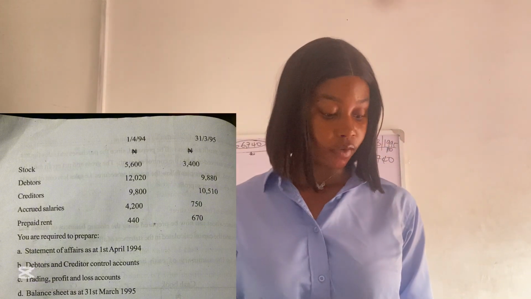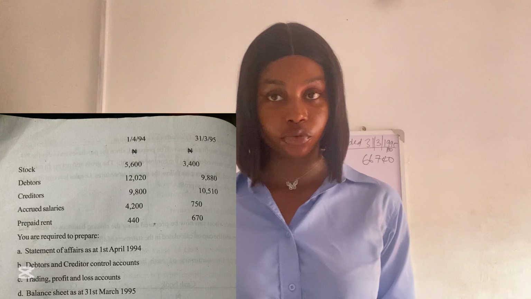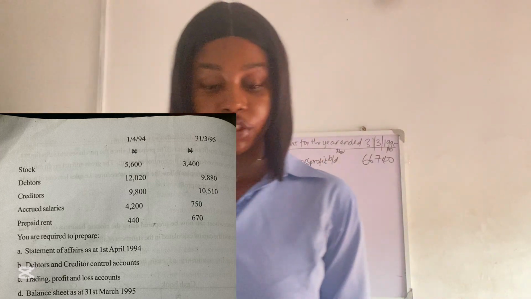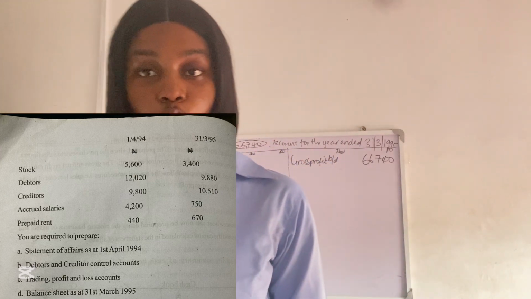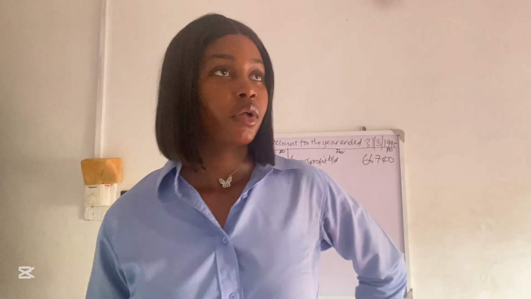For accrued salaries, you can see April 1st, 1994, 4,200, and March 31st, 1995, that's the closing one. Now the rule of accruals and prepayment: for accruals, you add owings, and you less prepaid, but that's for the year ended.